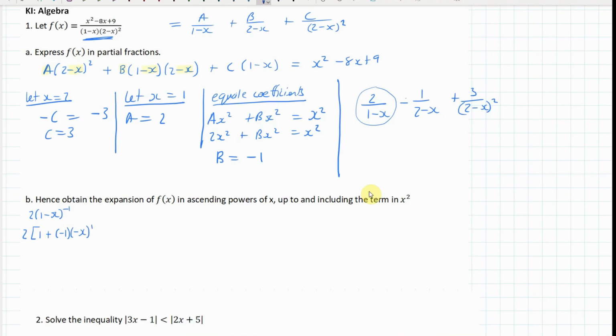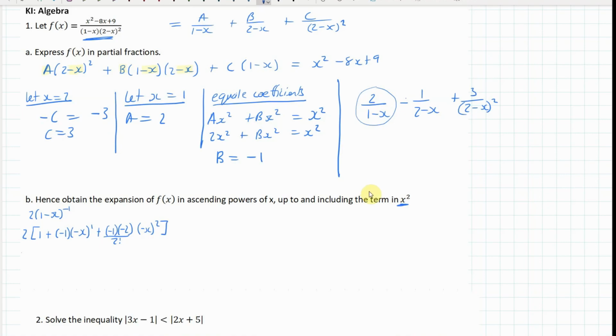And then we go plus negative 1, drop a power down, pop that over 2 factorial, and then we get our negative x, and we're doing that to the power of 2. That's as far as we need to go. If you're a bit hazy on this, you might want to go back to the appropriate chapter in your textbook.